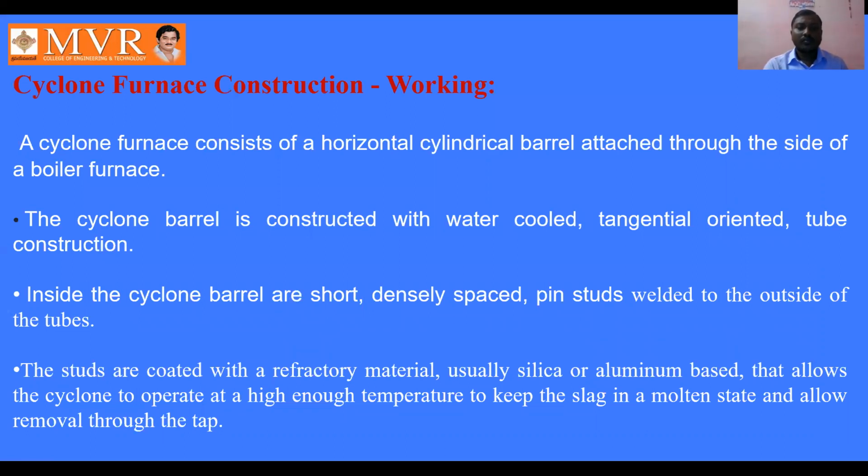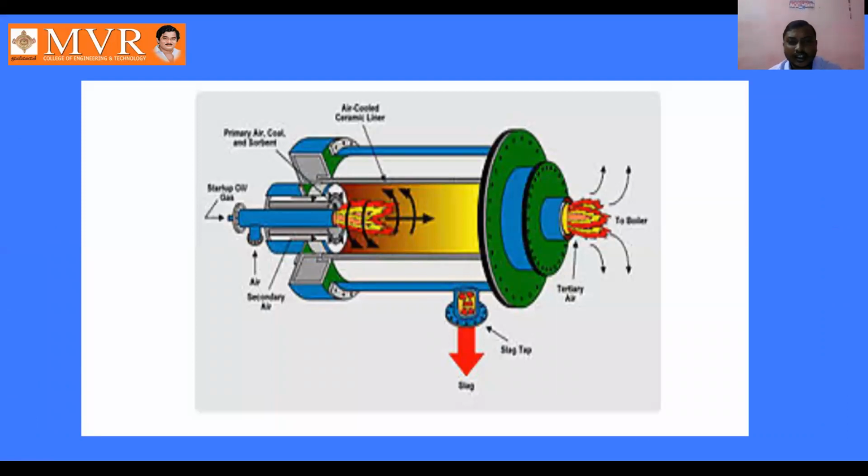Inside the cyclone barrel are short, densely spaced pin studs welded to the outside of the tubes. We can observe these in the diagram itself. The studs are coated with a refractory material, usually silica or aluminum based, that allows the cyclone to operate at a high enough temperature to keep the slag in a molten state and allow removal through the tap, which we can observe in the diagram.